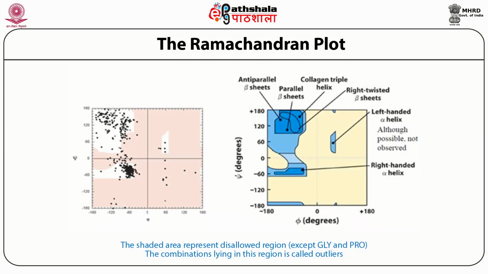So this is the overall complete picture of the Ramachandran plot, or complete phi psi plot. The region where we can see the shades is not allowed because of the steric clashes.